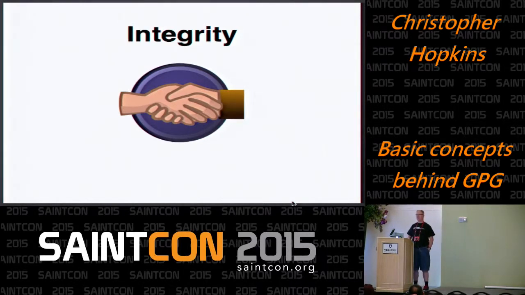For example, we'll go back to 2013 with the Snowden revelations. They used GPG for a lot of their communication, and one concern probably was making sure someone's not manipulating your message, and we'll talk about that in a little bit more detail.